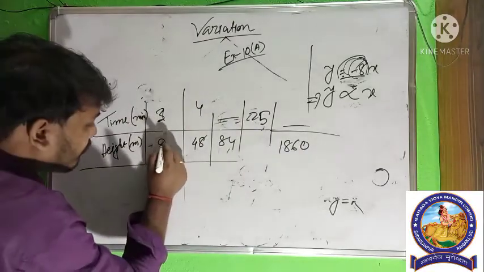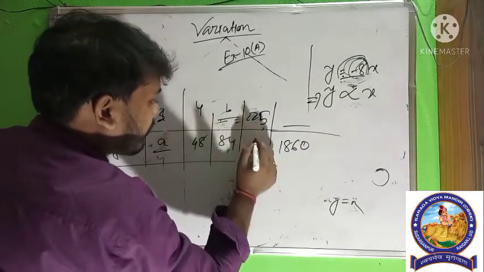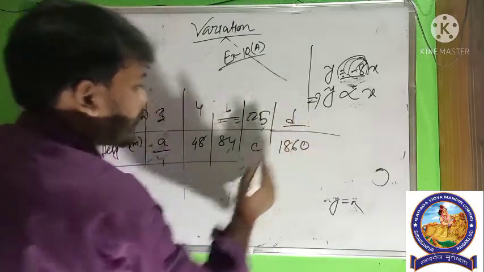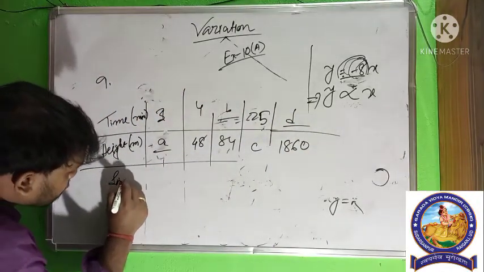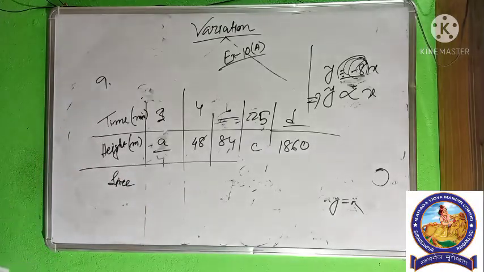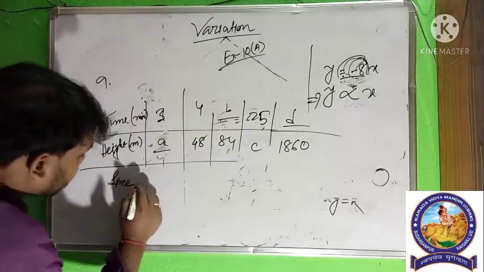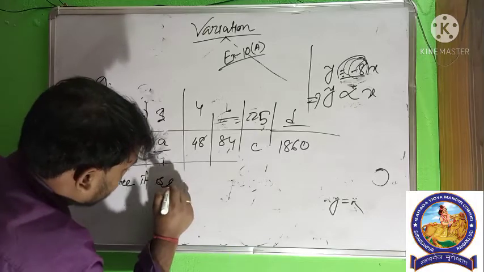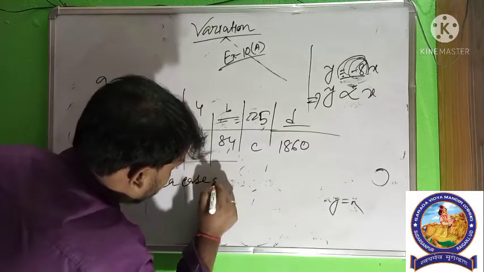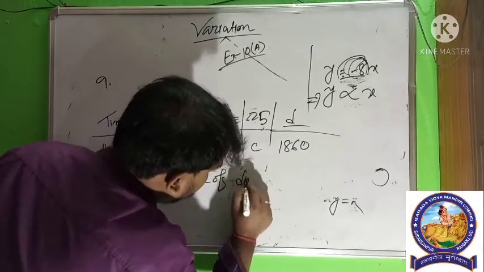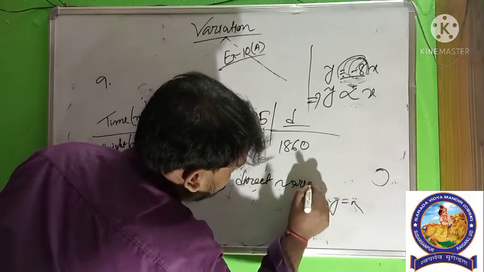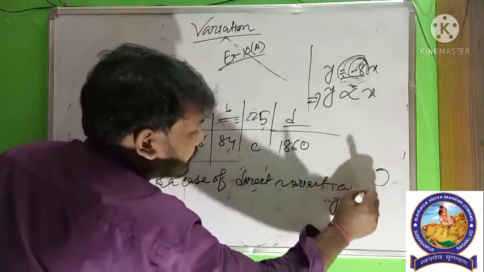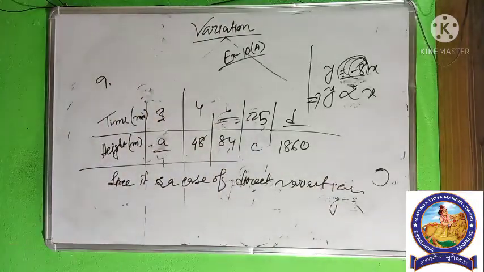So if you take here A, here B, here C, here D. Since it is a case of direct variation, ratios are equal.